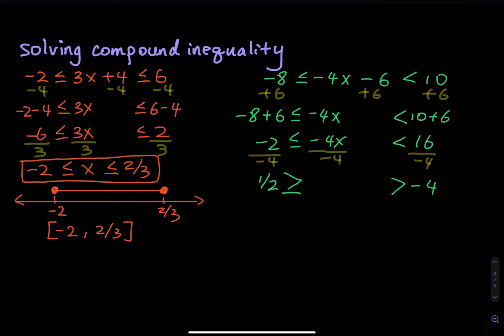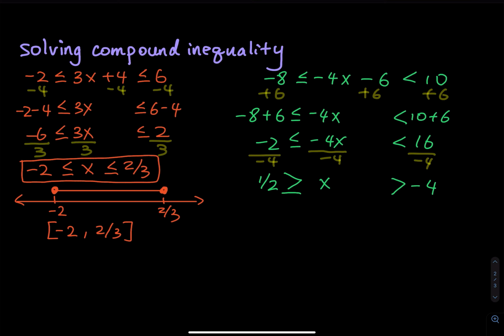Please check your work. You have a positive greater than a negative. If you forgot to reverse the sign, then you have a negative greater than a positive, which is wrong. Okay, -4 divided by -4, you have x.